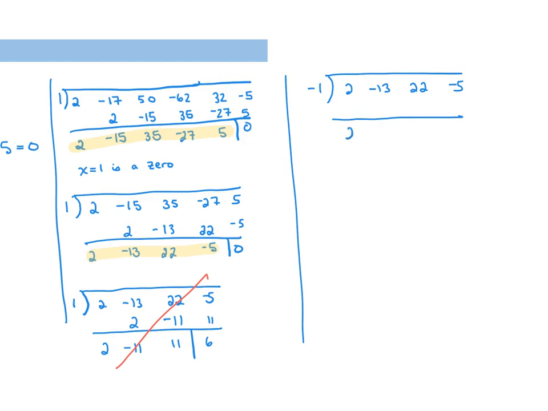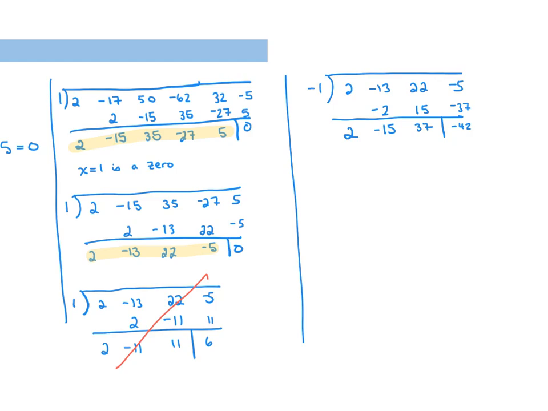So bring down the 2. Multiply. Add. Multiply. Gives us positive 15. Now adding, we get 37, and that's not going to work. That's negative 42. So no dice there.